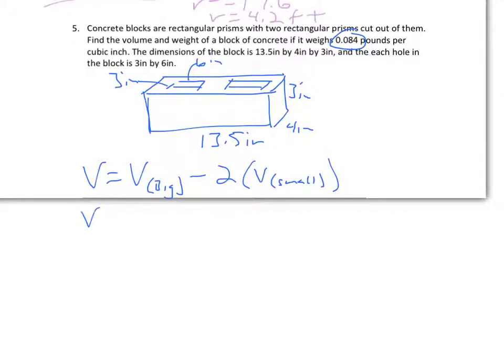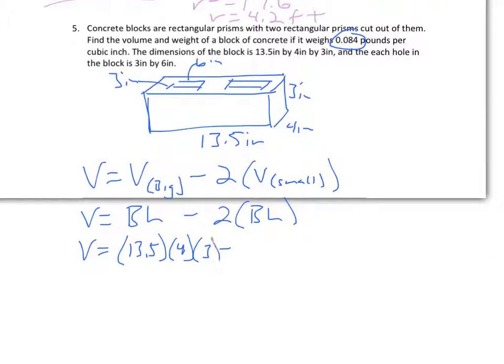So we've got V equals BH minus 2 BH. The base of the big block is 13.5 times 4, length times width. The height of it is 3.